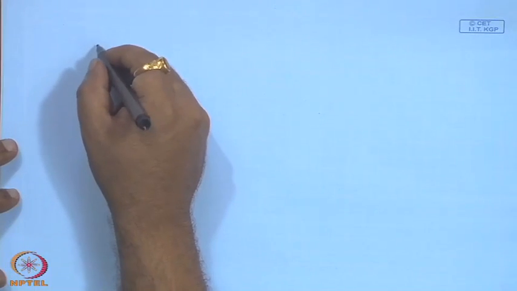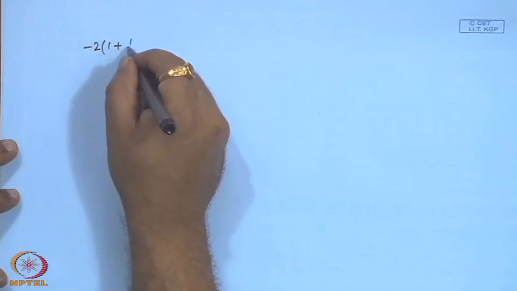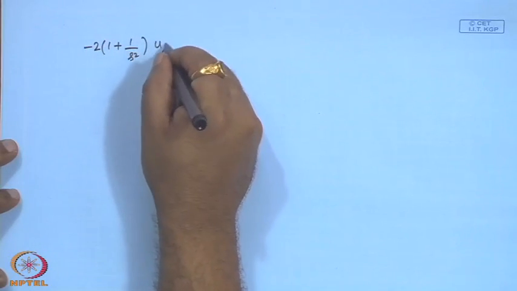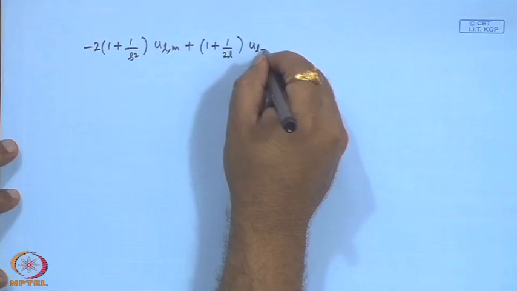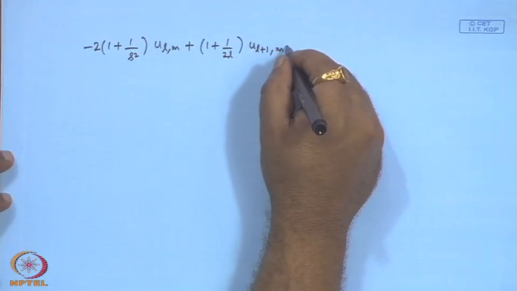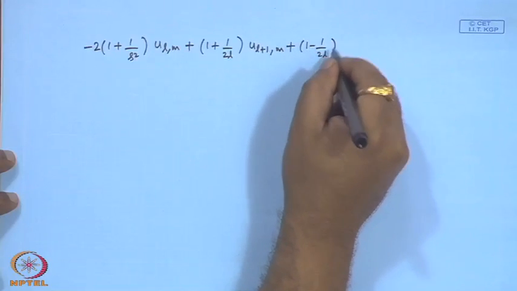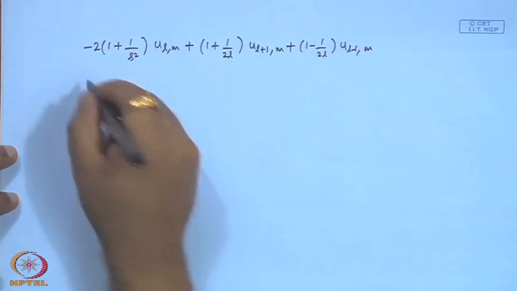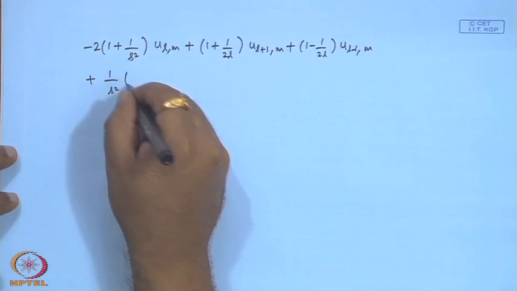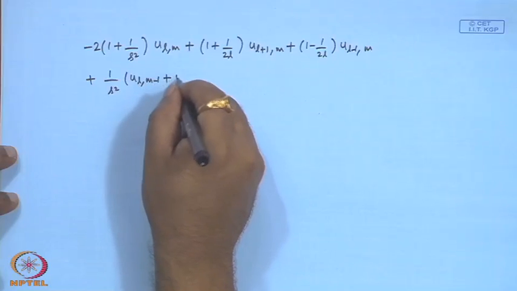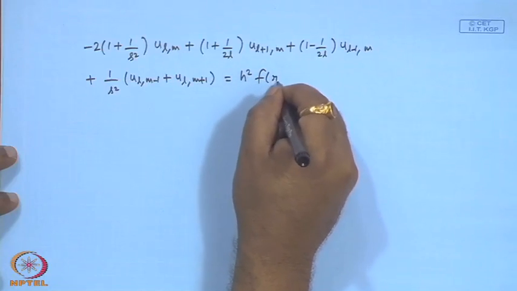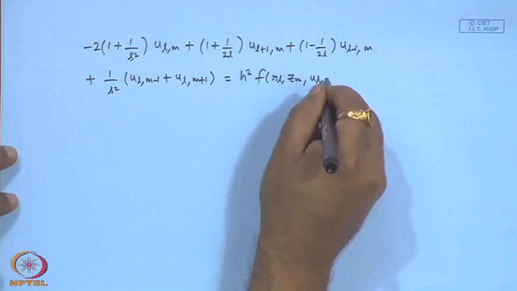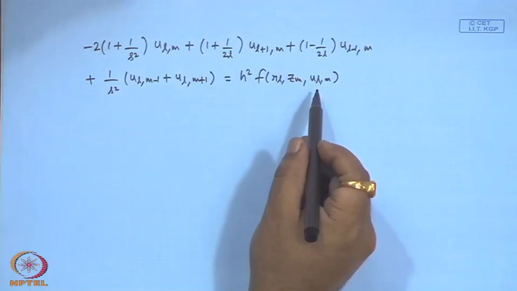So, then in this the discretized equation reduces to, so assuming f is function of u as well.